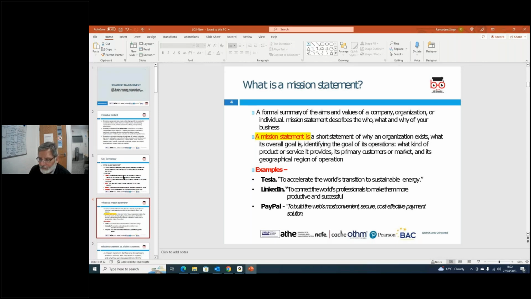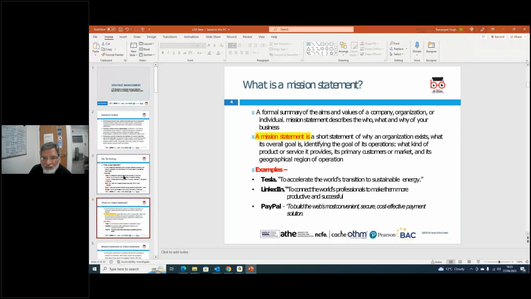They may have some kind of statement whereby they create primary objectives, primary operations. They'll provide some services. They'll provide some short-term statements whereby they can fulfill that particular mission statement.